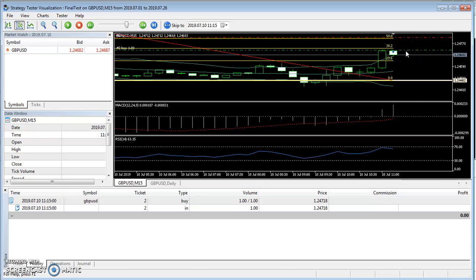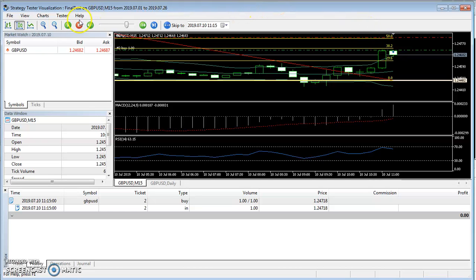So let's say in those 30 minutes, it doesn't take a profit, it doesn't hit a stop loss level, but it does close the candlestick at a higher price level than when this trade opened, then it will close the position after those 30 minutes.